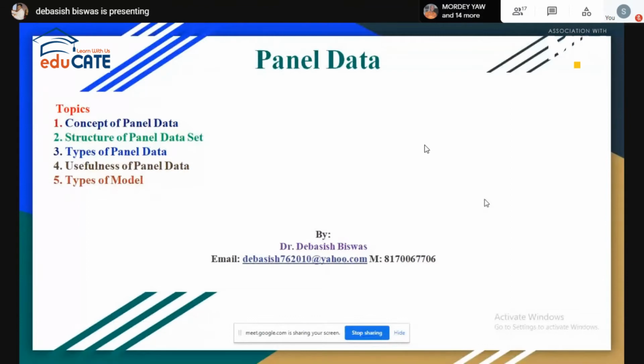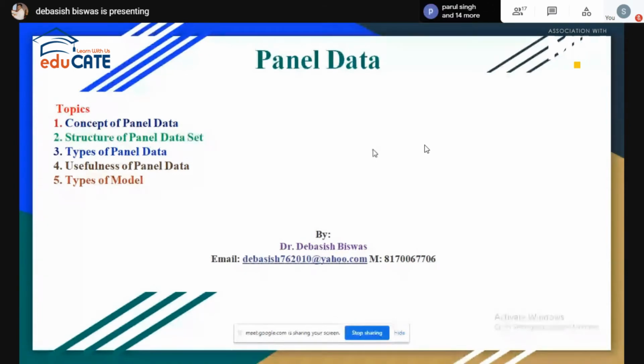As this is the first session, first we will clear our concepts, and from the second day onwards, we will use the specific software, that is Stata, from tomorrow. So today I will not show you Stata, I will only show what type of software we will use in the case of panel data.